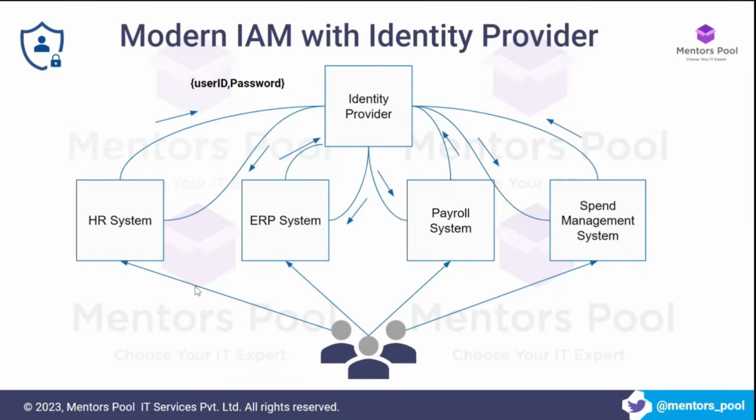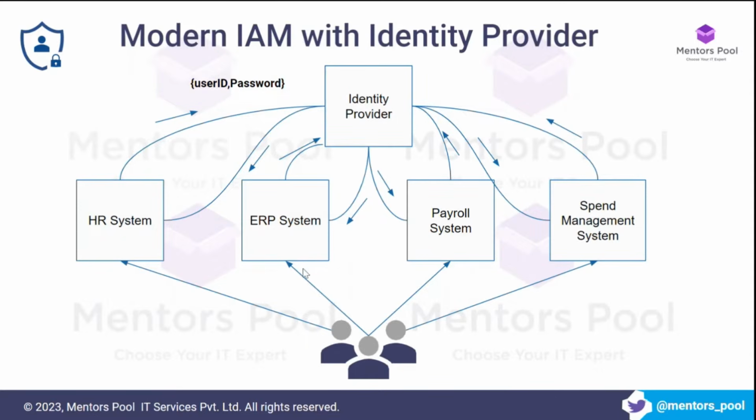When a user tries to access a system, his authentication request will be sent to this system, which has the user data because I have already maintained it. It will verify whether this person exists or not. If it exists, it will reply back, yes, this person exists and authentication is successful, and now you can go further and check the authorization, right?